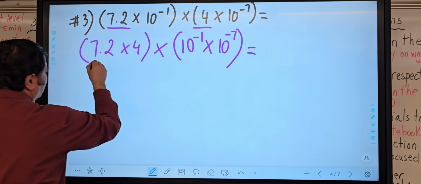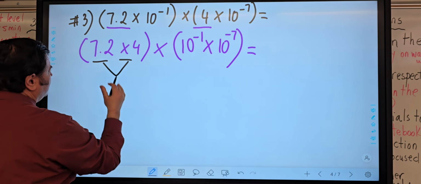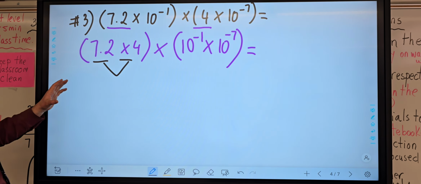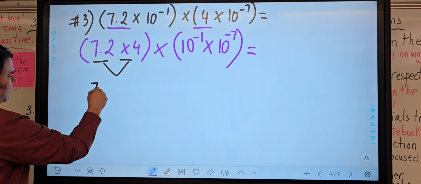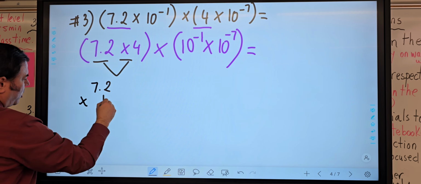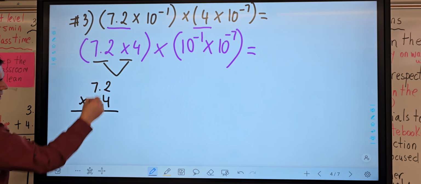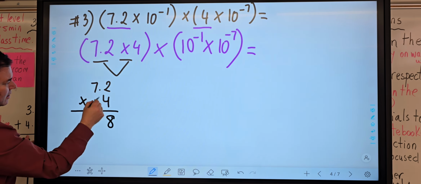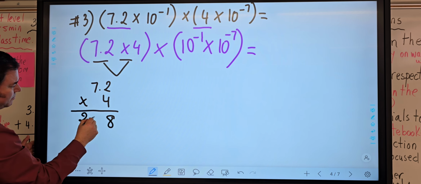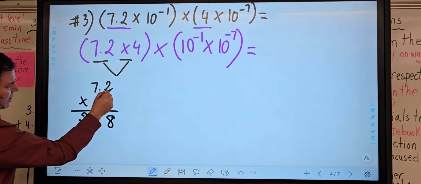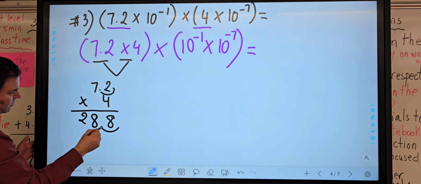Now since we have the numbers here, we can just multiply 7.2 times 4. Let's see, 7.2 times 4. Let's multiply. 4 times 2, 8. 4 times 7, 28. And then remember, now at the end, we move the decimal point right here.